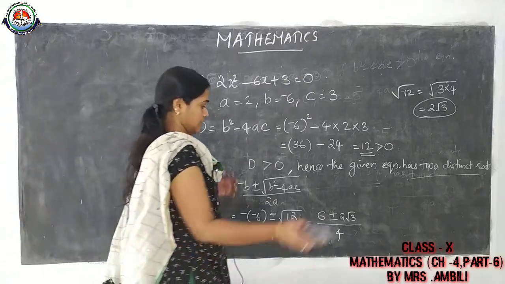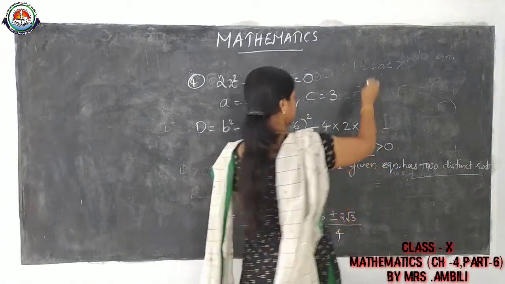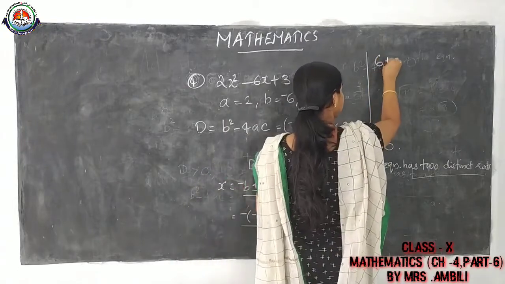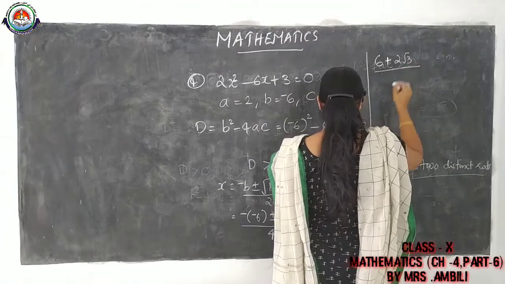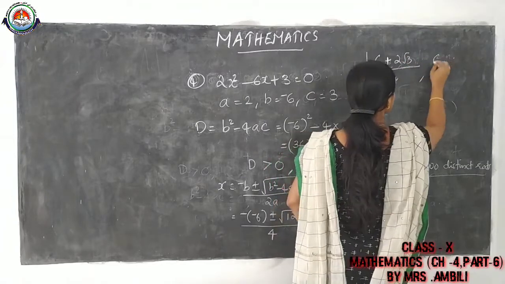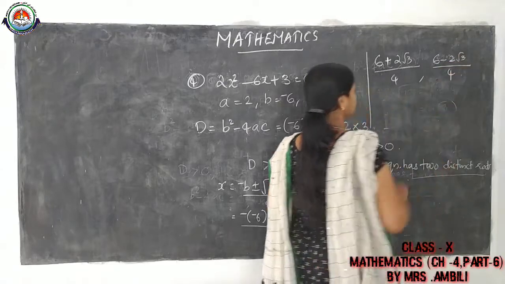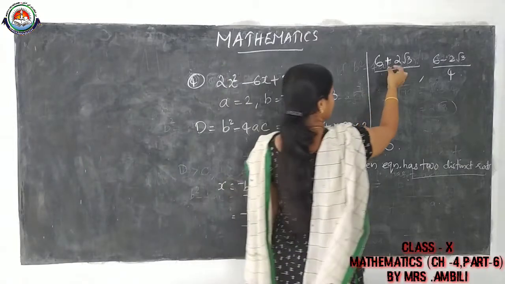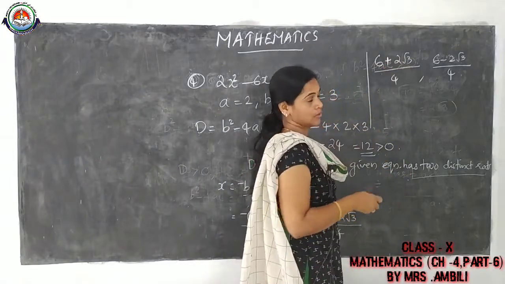So what are the roots? We can split that one. How will you get? 6 plus 2 root 3 divided by 4 and 6 minus 2 root 3 divided by 4. In the numerator we can take 2 as a common factor.